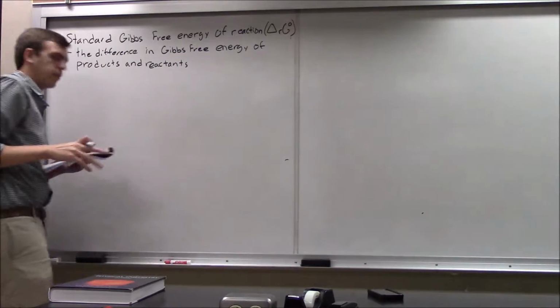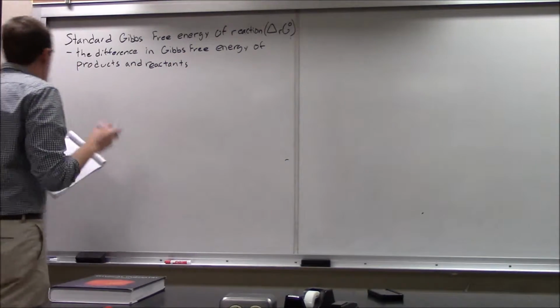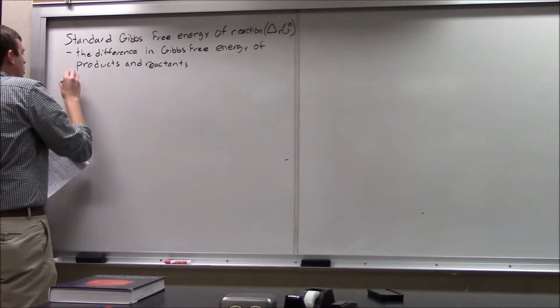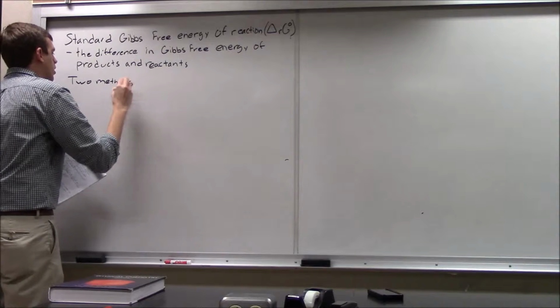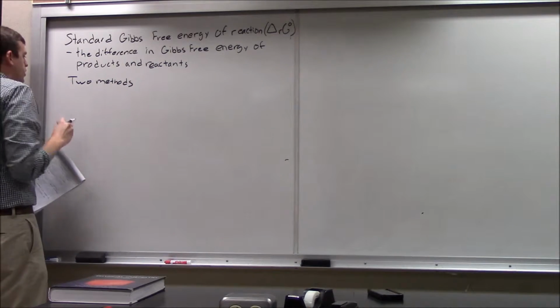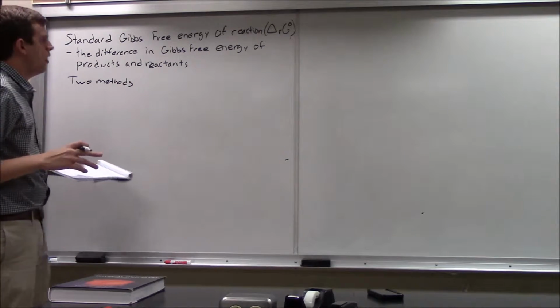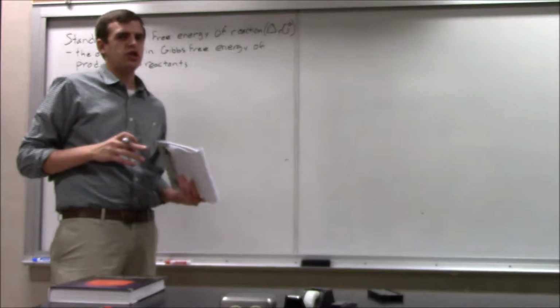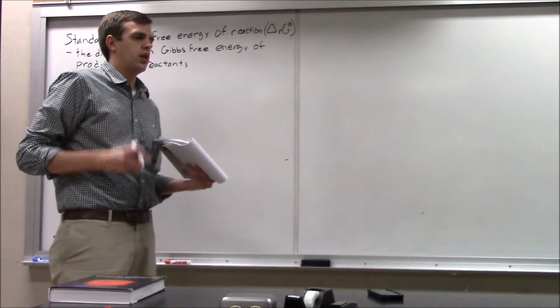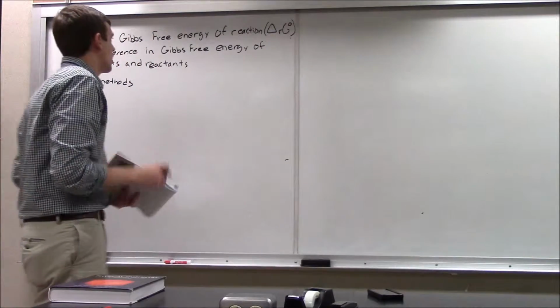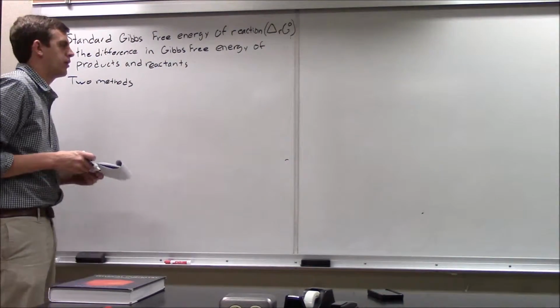Now there's two different ways we can calculate this out. So one method is to use the enthalpy change of a reaction and the entropy change of a reaction to then figure out what the Gibbs free energy change of a reaction is.